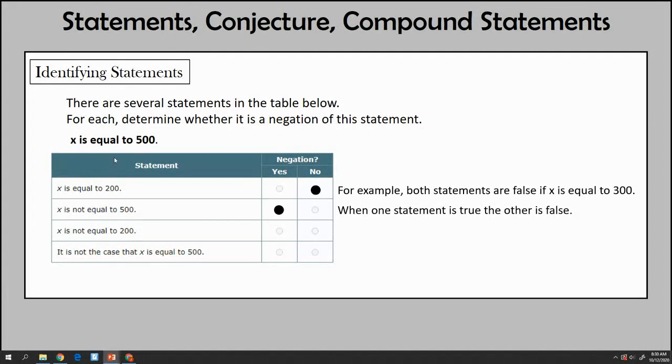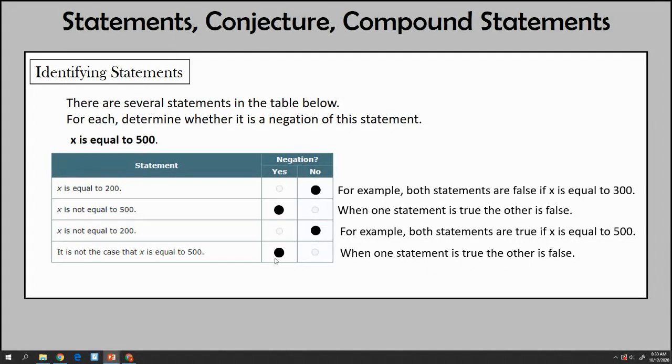Well, that's not going to be the opposite of meaning of this in all cases. So that's false. That's not the negation. It is not the case that X is equal to 500. Well, this is a fancy way of saying X is not equal to 500, right? And that's the opposite of meaning here. So yes, that is a negation.